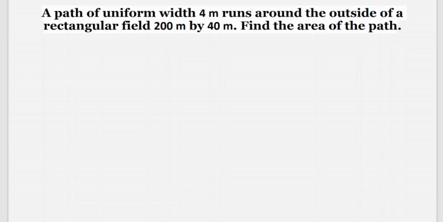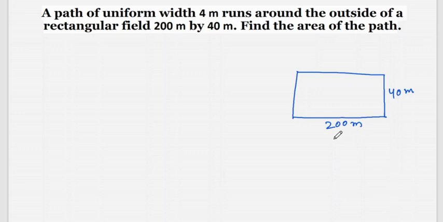Here we will use the formula to solve this question. We are not going to derive this, but I am going to just explain the rough sketch of this question. So let me tell you what the question is about. See, I have a rectangle whose length is given as 200 and breadth is given as 40. So this is 40 meter, this is 200 meter. Now a path of uniform width 4 meter runs around the outside of the rectangle.